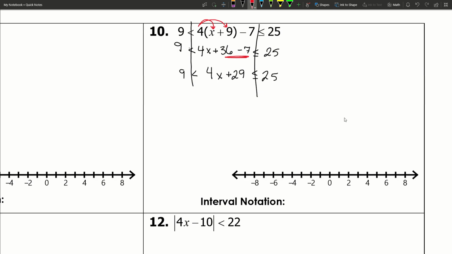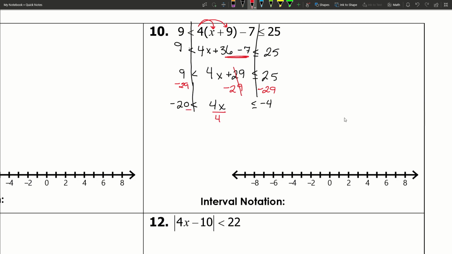Now we can subtract our 29 away. So we are left with 4x in the middle. 9 minus 29 gives us negative 20, and 25 minus 29 gives us negative 4.